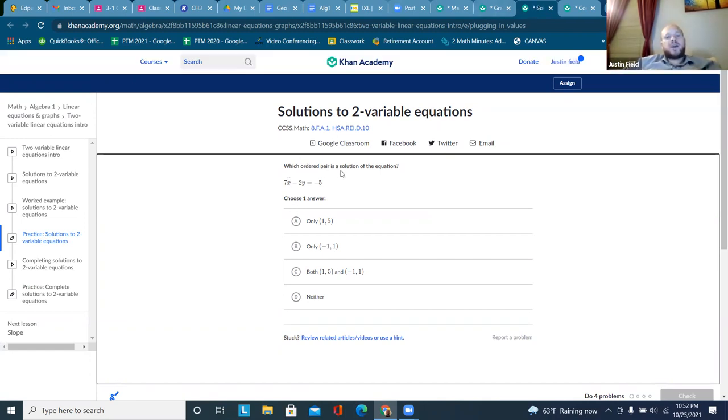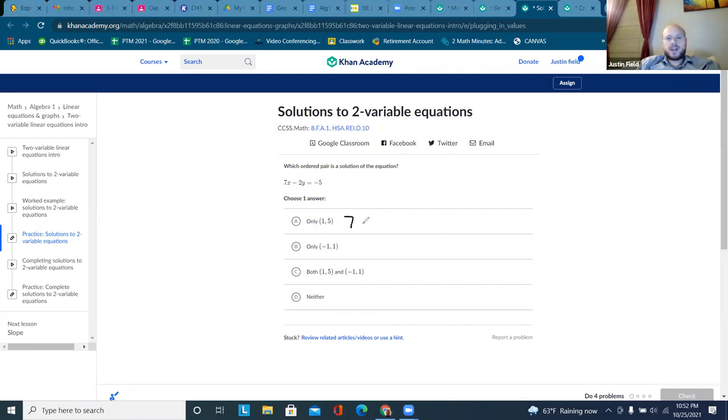Which ordered pair is a solution to the equation? Okay, so if you still trust me at all, which you should, those things happen. It's okay. It doesn't mean I don't know what I'm doing. Anyway, how do we know if an ordered pair is a solution to an equation? What we do is we substitute it in.